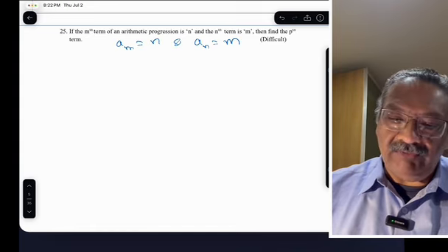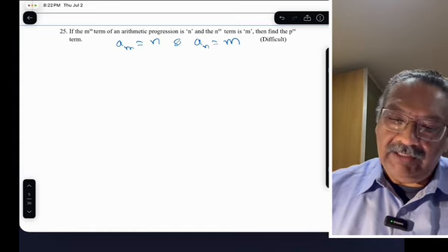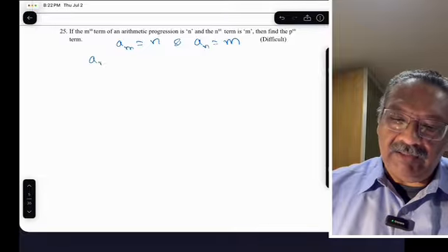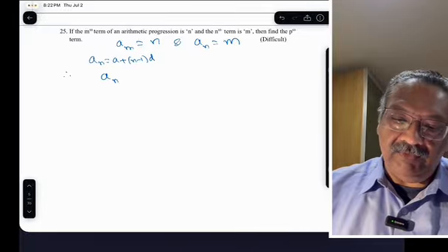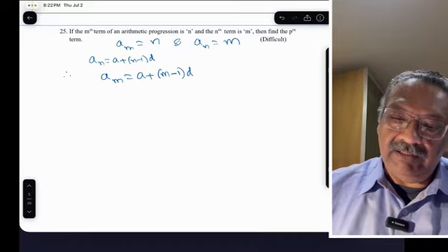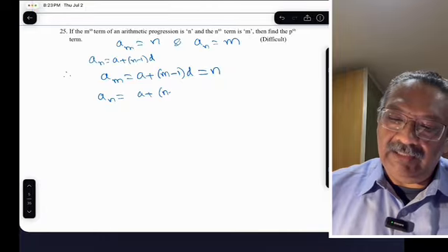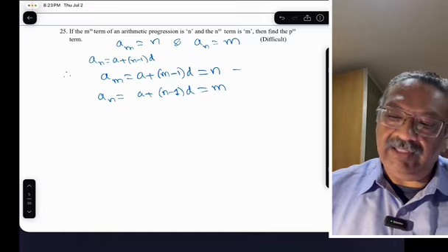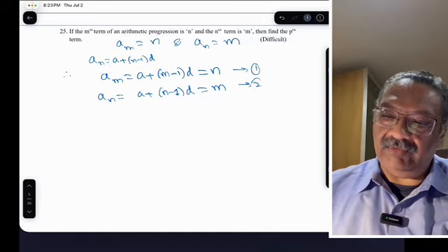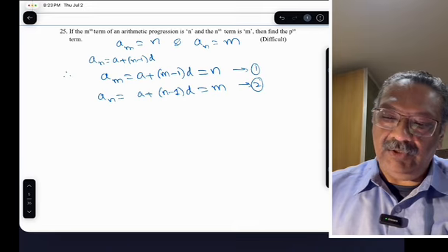The formula for the nth term is a_n equals first term plus n minus 1 d. Therefore a_m is a plus m minus 1 d, which is equal to n, and a_n is a plus n minus 1 d, which is equal to m as per the question. This is equation 1, this is equation 2.